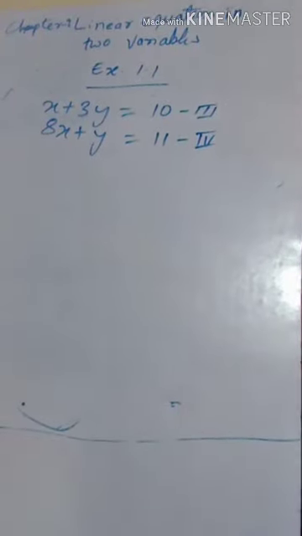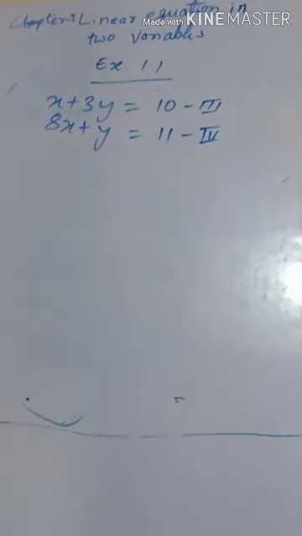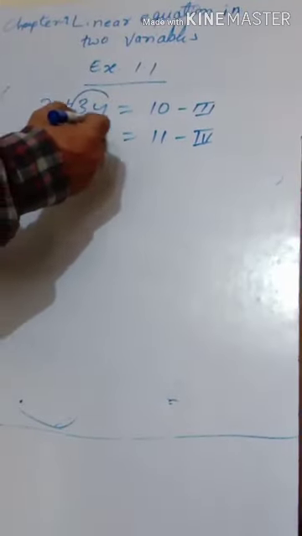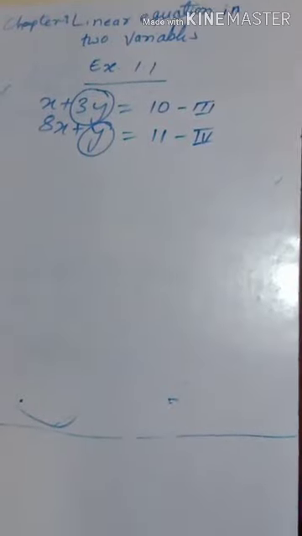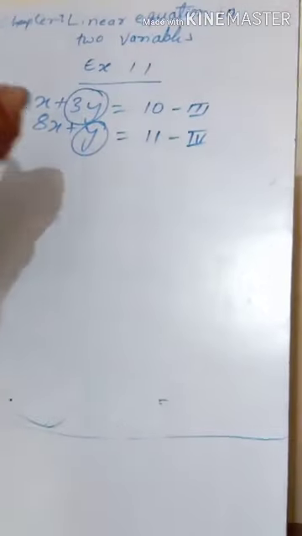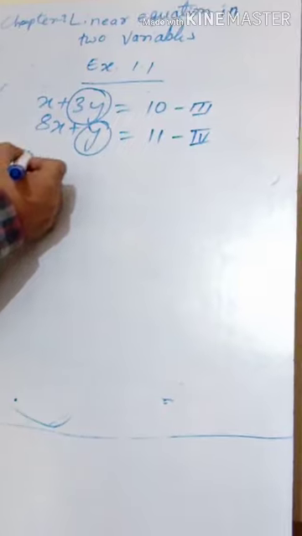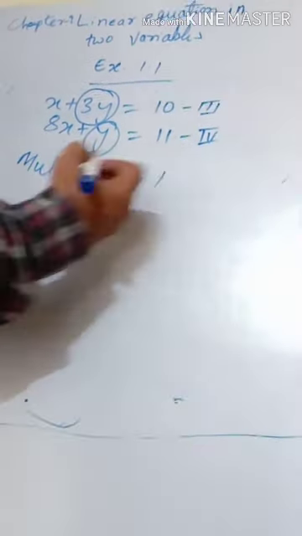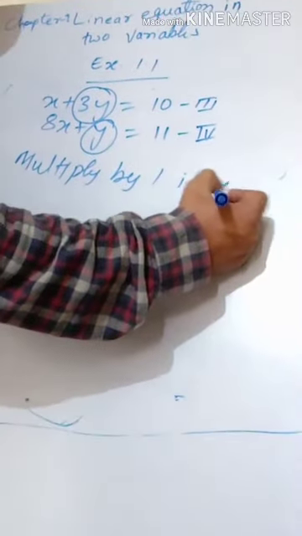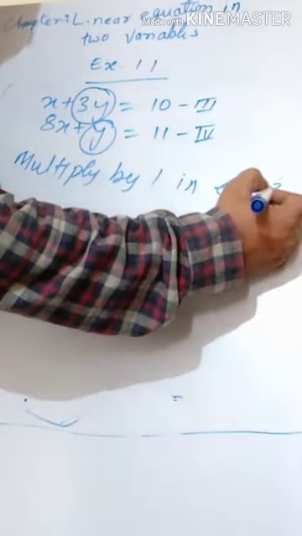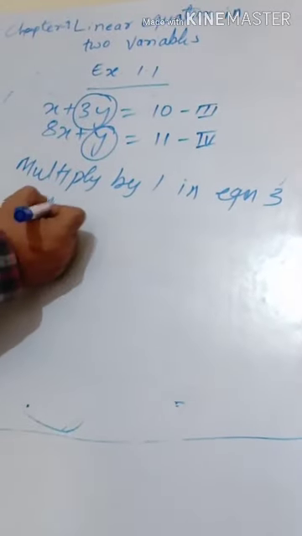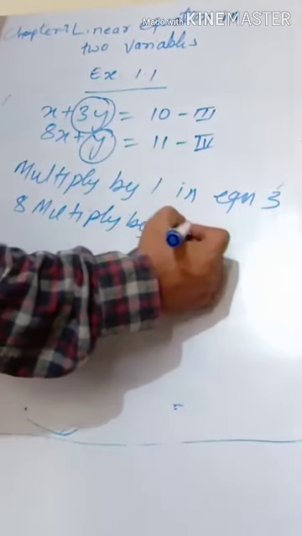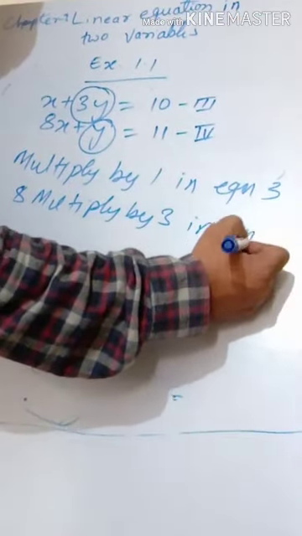Now we eliminate one variable from this, so we equalize y. For equalizing y, we multiply by 1 in equation 3 and multiply by 3 in equation 4.